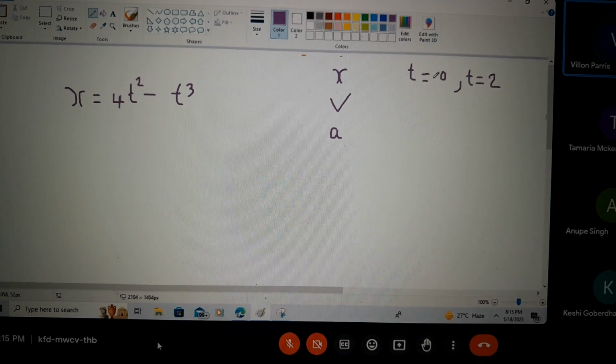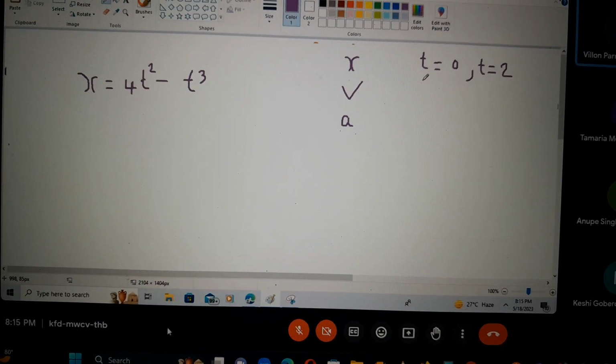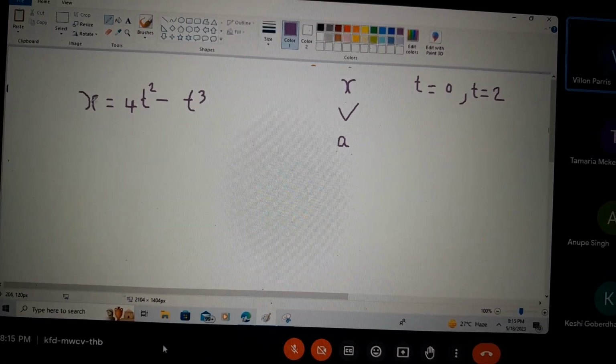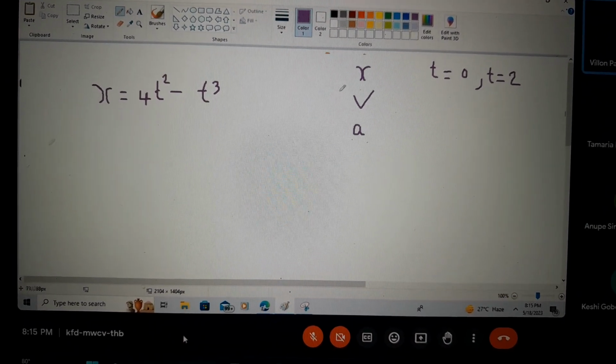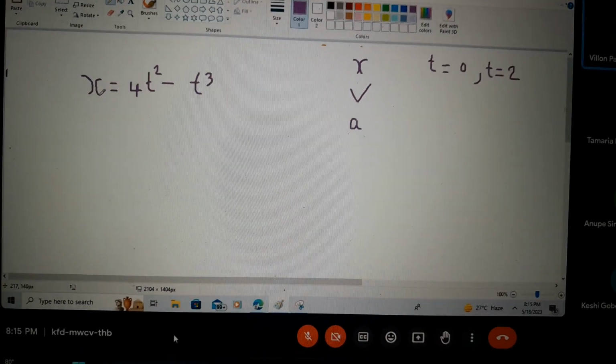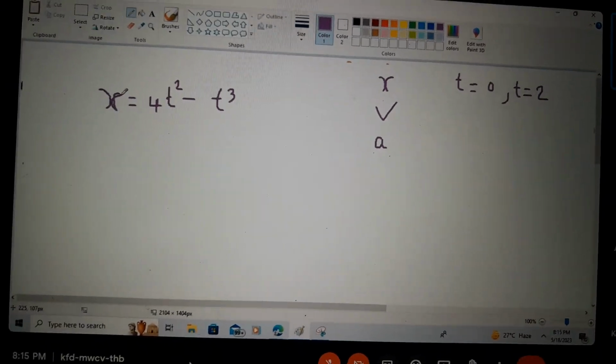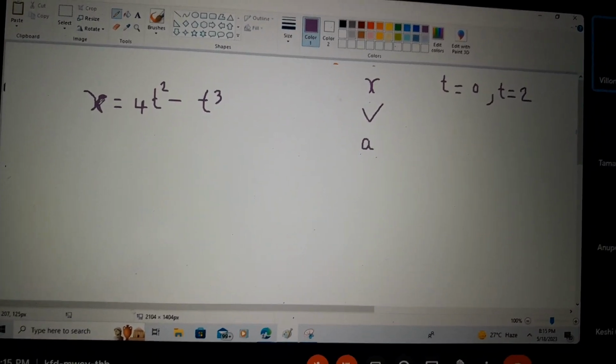If we want to find our displacement when time is 0, what do we have to do? This is our displacement function.